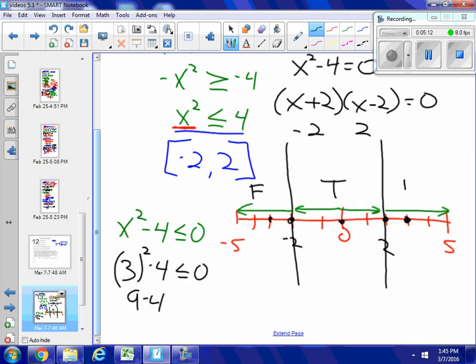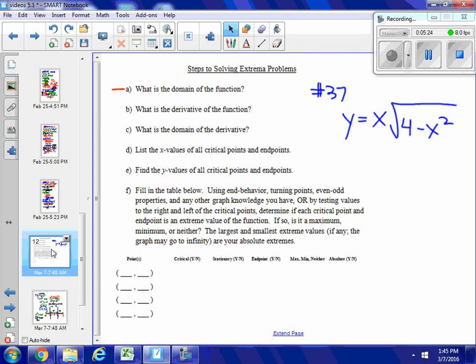No, it is false there. So my domain for this particular problem, as I said a minute ago, is negative 2 to positive 2. Let's go back and write that here in our answer. So the domain is negative 2 to 2.